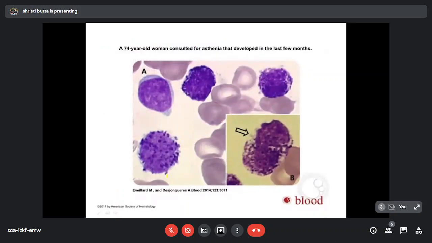So this is a 74-year-old woman who presented with asthenia, and you have a lot of basophils here. Look at the smear here showing a lot of basophils. It came out to be a case of acute myeloid leukemia with basophilia.